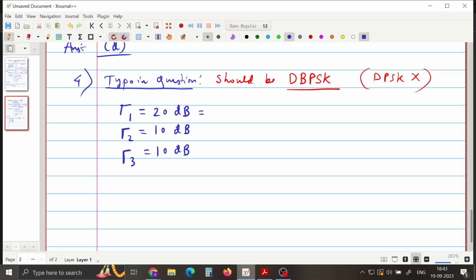So how much is 20 dB in linear scale? 100, 10 power 2. Yes, good. And similarly, this is 10 and this is 10.